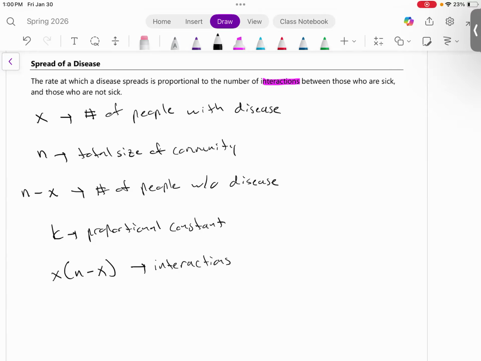If we take all this and write it as a differential equation, as an initial value problem, what we write is: the rate at which a disease spreads is proportional to the number of interactions between those who are sick and those who are not sick.